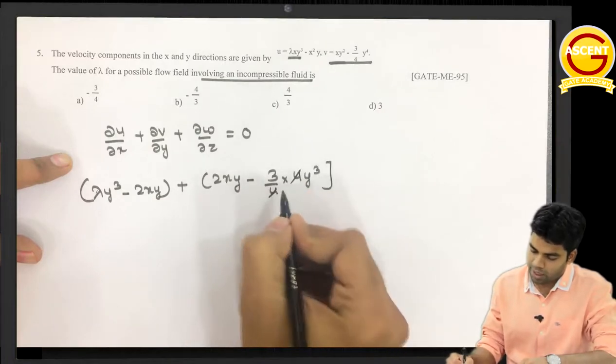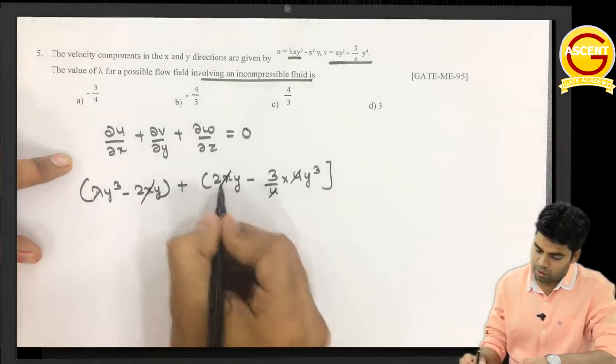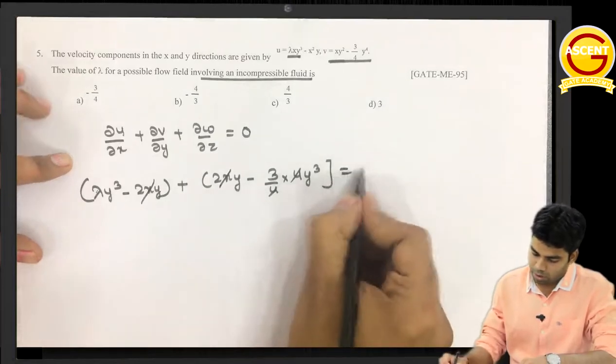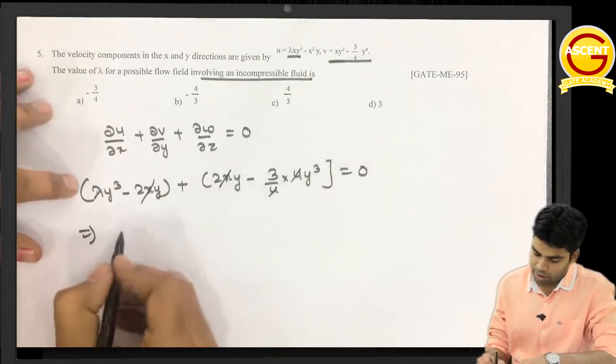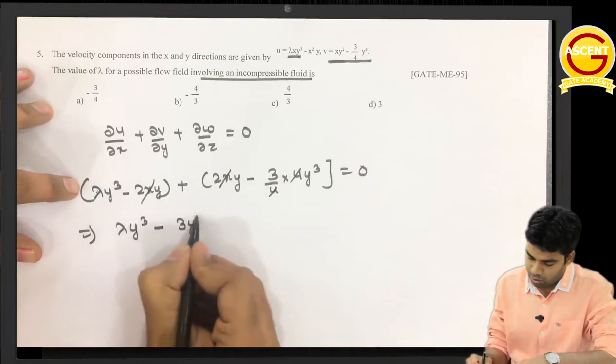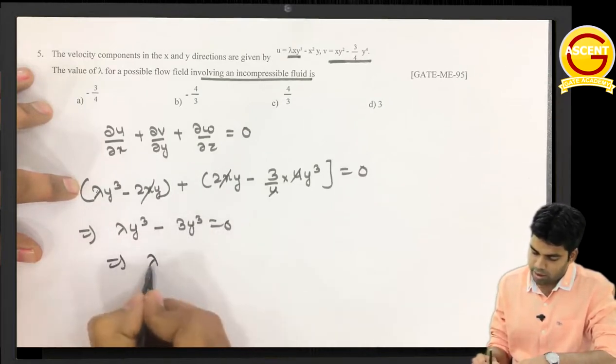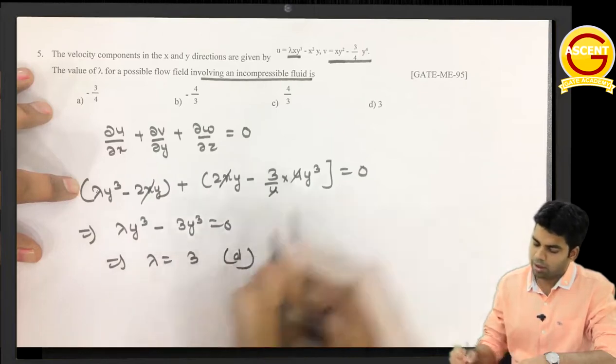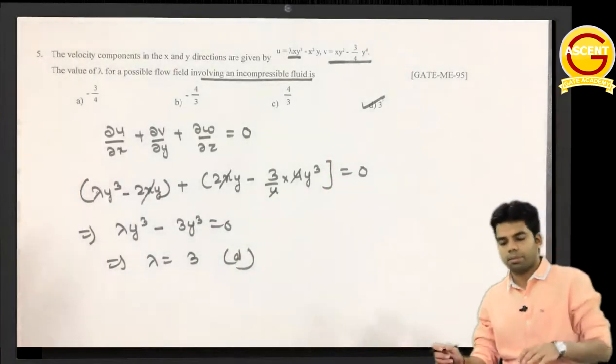This 4 will get cancelled out. First thing, this 2xy will be cancelled out, and this should be equal to 0. And from here you can determine the value of lambda. So this will be lambda y cube minus 3y cube is equal to 0, or you can say lambda is equal to 3. Answer should be D. Clear or not? Very simple.